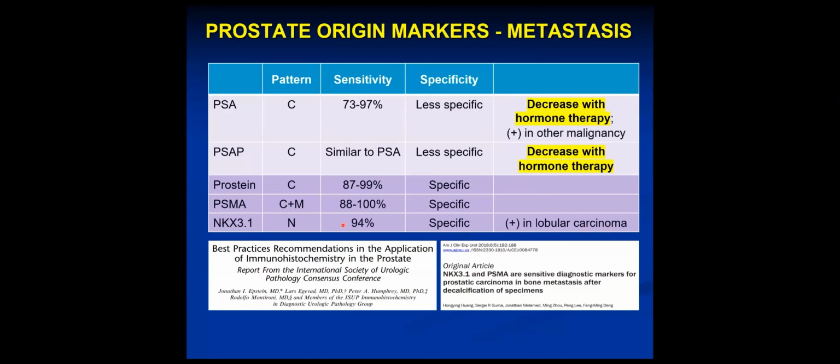Compared to NKX3.1, there are quite a few other markers for prostate primary, such as PSA, PSAP or PAP, and PSMA, but they all have a cytoplasmic or membranous staining pattern, and PSA and PAP are not quite specific. They can be seen in salivary gland neoplasm, and their expression is also decreased with hormonal therapy for prostate adenocarcinoma.